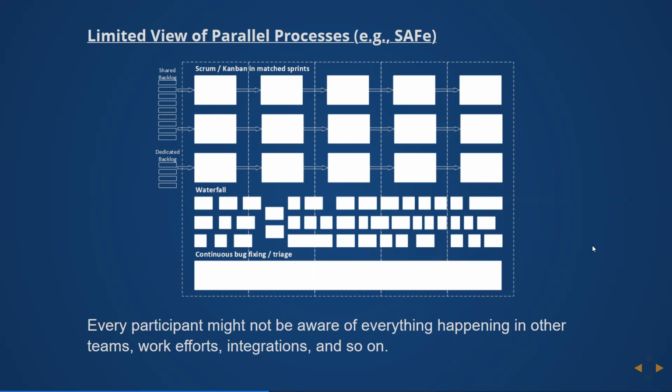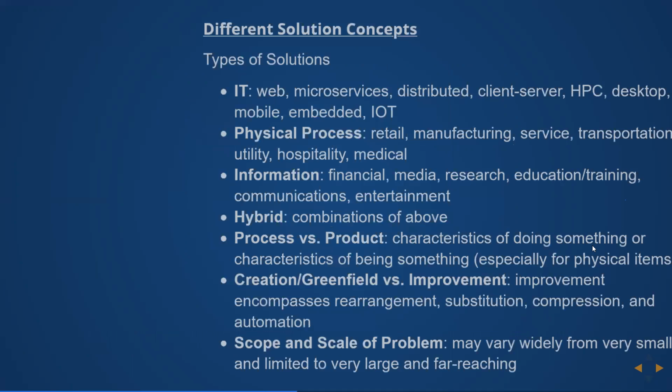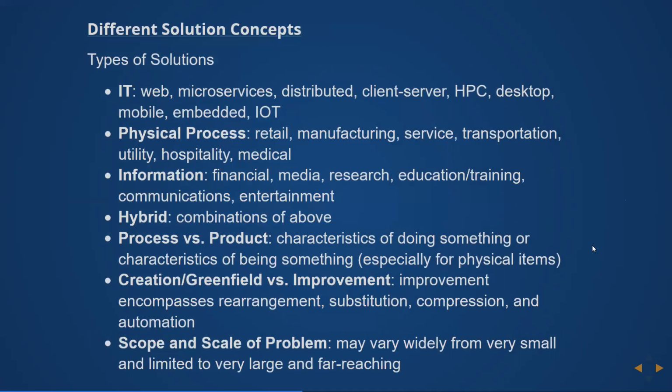So the more people know what everybody else is doing, not only from the beginning of the project to the end in your thread, but across all the threads, the better off you'll be.